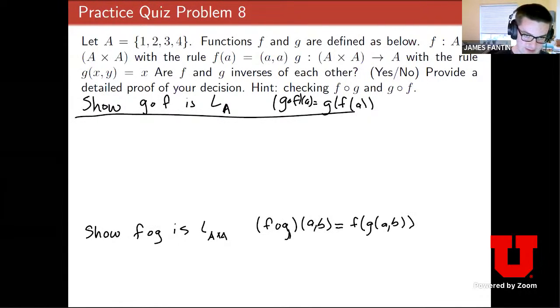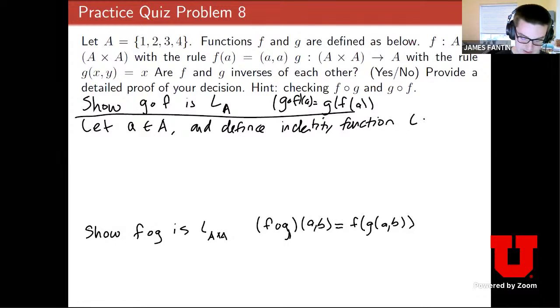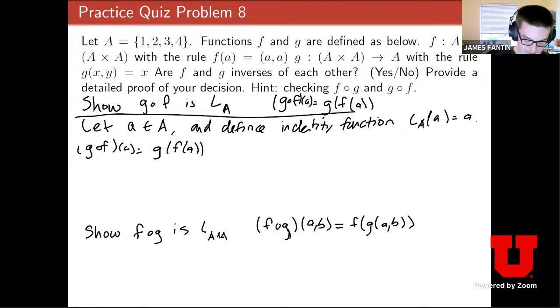So what do we have to show? We're going to let some element a be an element of the big A. And then we're just going to define the identity function I of a, which takes element a and just maps it to itself. So it just basically spits out the input. Then if we look at G composed F of a, that's G of F of a.